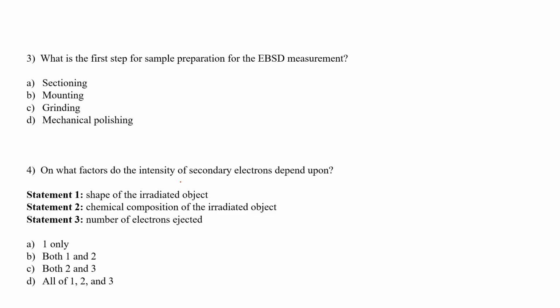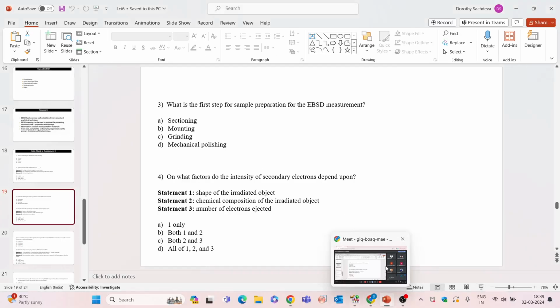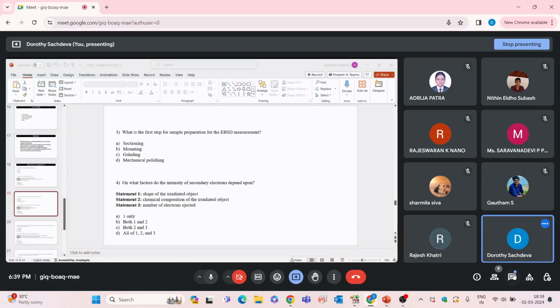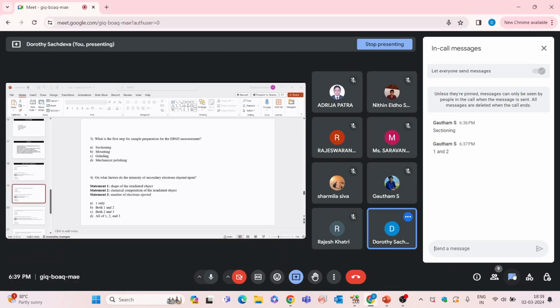I guess many of you or all of you should be able to answer this question. The intensity of secondary electrons will depend upon what factors? Statement 1, 2, 3 or all? Anyone? Gautam says 1 and 2. Why not 3? Why 1 and 2? Can you explain?